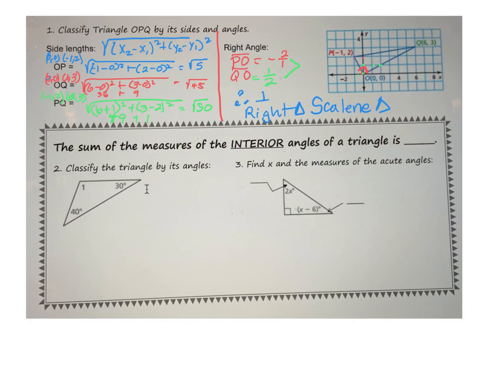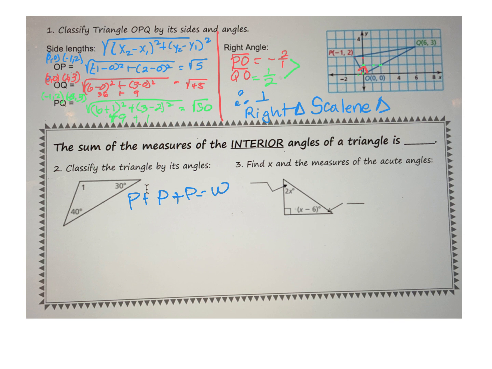All right, for problem number 2 and 3, it says the sum of the measure of the interior angles of a triangle is 180 degrees. In the blank, please put 180 degrees. All right, so if we're doing number 2, it would be part plus part equals whole.